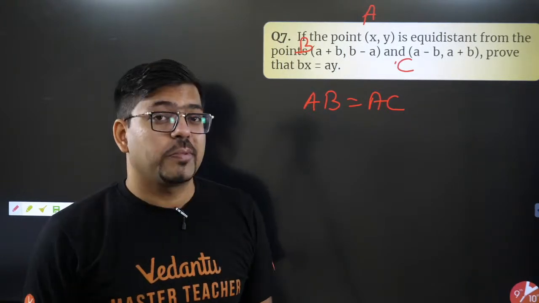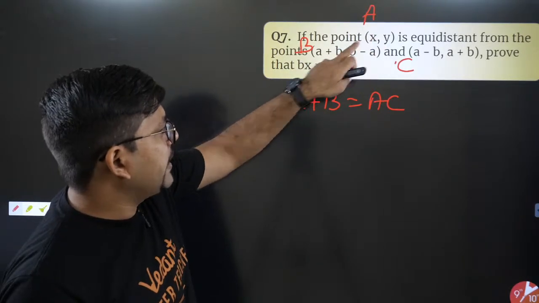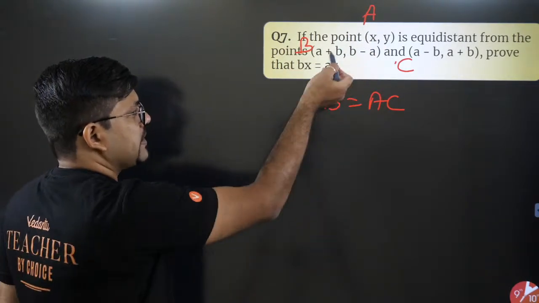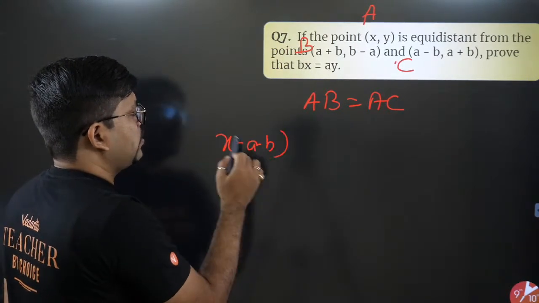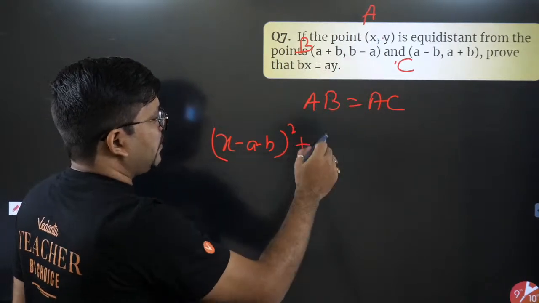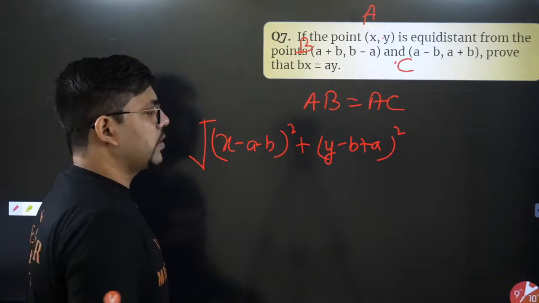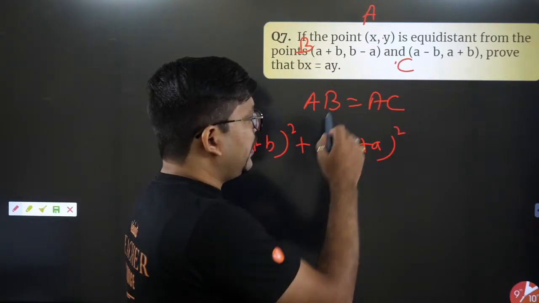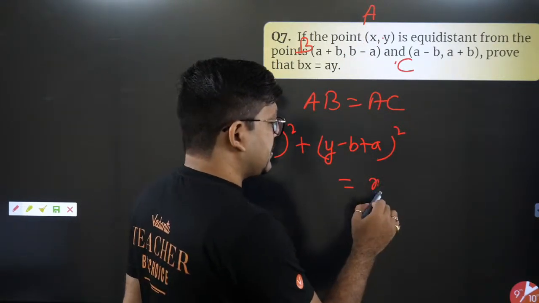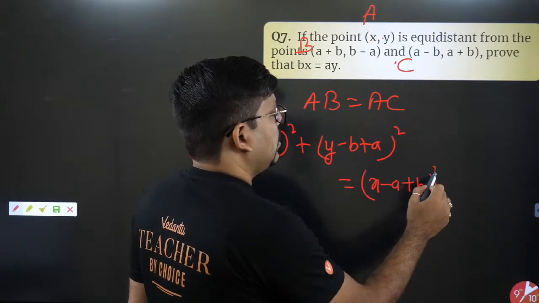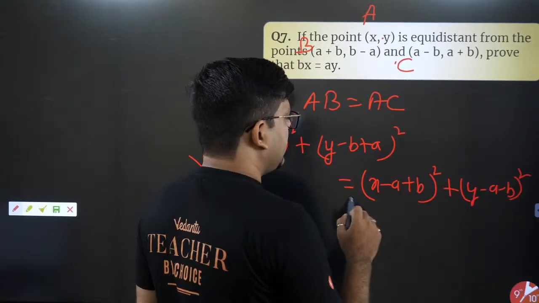So what we have to do is apply the distance formula. Let's apply that. x2 minus x1, so I'll write x minus (a plus b) whole square, plus y2 minus y1, so y minus (b minus a) whole square. This entire thing under root equals AC. For AC, again x2 minus x1 whole square, so x minus (a minus b) whole square, plus y minus (a plus b) whole square, also under root.